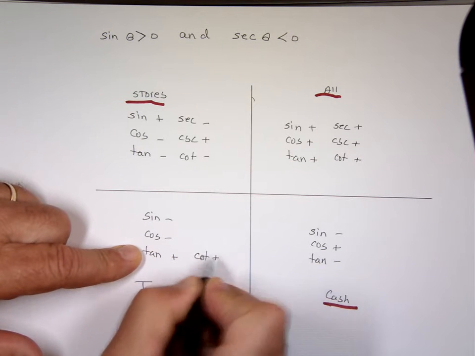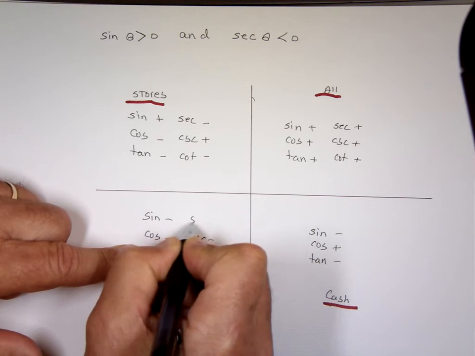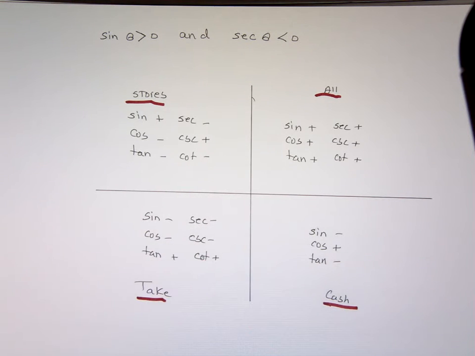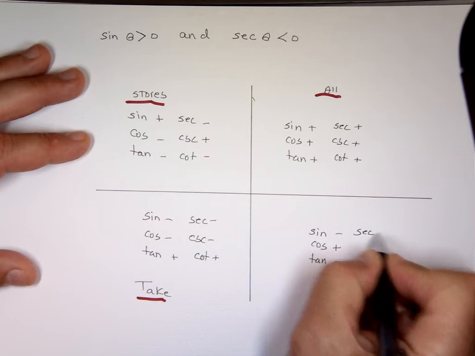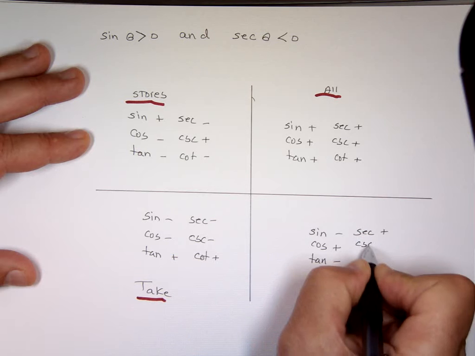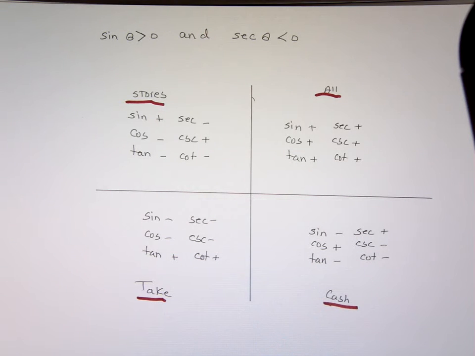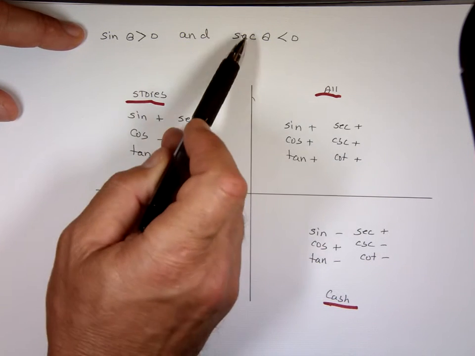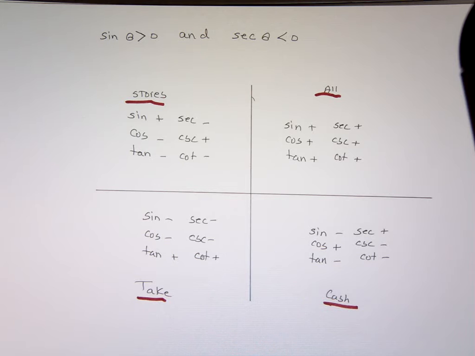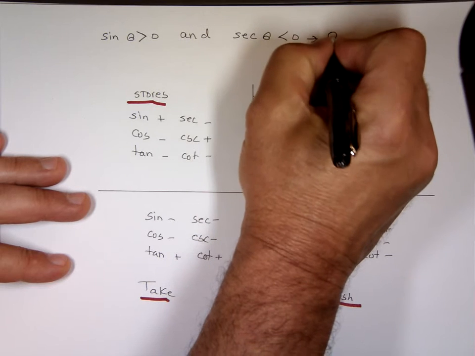The other ones are negative. Secant is 1 over cosine. That's positive. Cosecant is negative. Cotangent is negative. So when you have that chart in front of you, you go, I want it where the sine is positive, secant is negative. Which quadrant? Quadrant 2. The answer for that is quadrant 2.